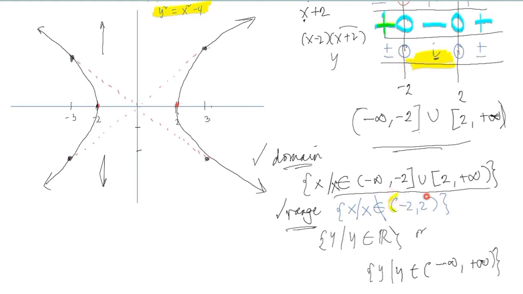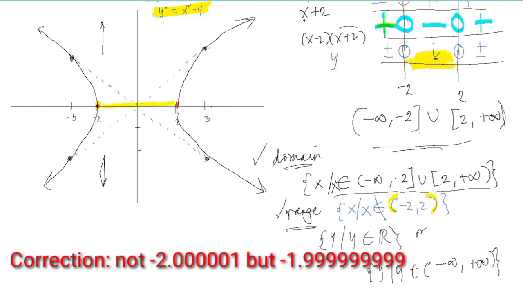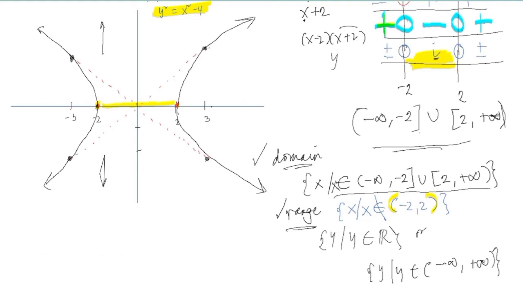Nakikita natin dito, parenthesis yung ginamit kasi hindi kasama si negative 2 at positive 2 kasi may graph tayo at that point. Dito yung tinutukoy niya sa pagitan nito. So, meaning, that's the 2.00001. Lampas na yun ng 2. At saka, 1.9999999. Hindi siya umabot ng 2. Hanggang doon, ang hindi kasama sa domain.